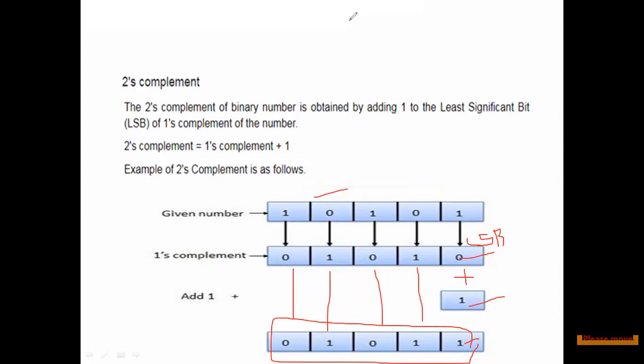To calculate the two's complement, we add 1. Here the given number is taken; for this given number, we find the one's complement, and by adding 1 to this one's complement, it becomes the 2's complement.